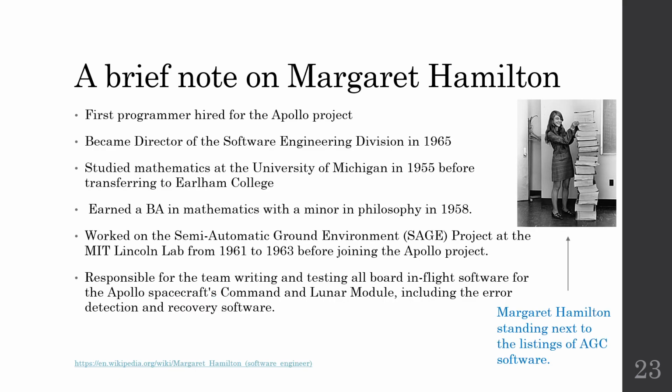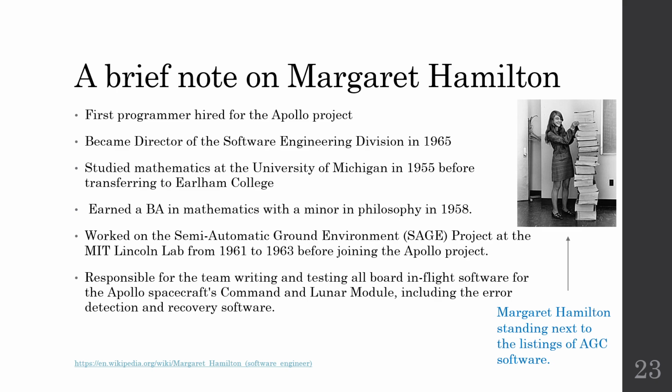A brief note on Margaret Hamilton. She was the first programmer hired for the Apollo project, and later she became the director of the software engineering division of the AGC in 1965. She studied mathematics at the University of Michigan in 1955, and then she transferred to Earlham College. She earned a BA in math with a minor in philosophy in 1958. Before working on the Apollo project, she worked on a project called Semi-Automatic Ground Environment at MIT Lincoln Lab.